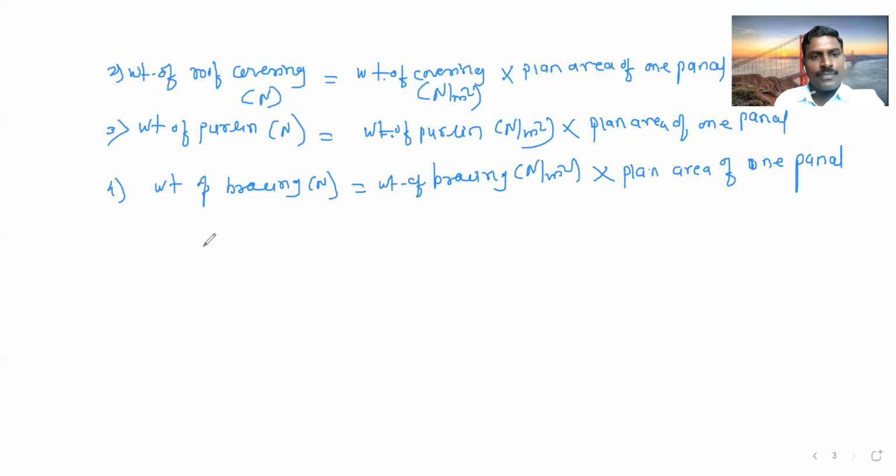So now total dead load is equal to 1 plus 2 plus 3 plus 4 in Newton.